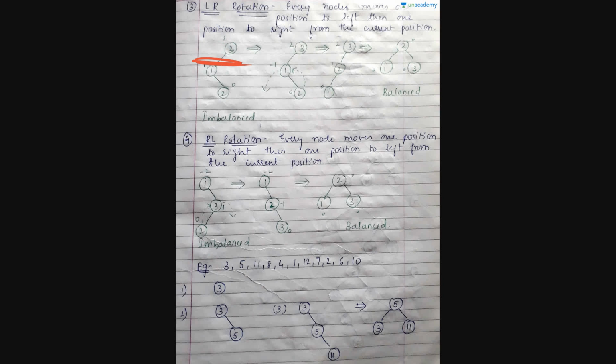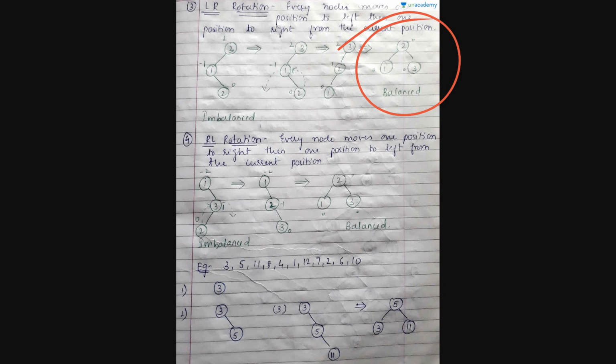So it is imbalanced as it is neither 0 nor -1 or 1. So we have to first rotate it to the left and then to the right. So 2 goes in this position and 1 comes in this position, that is it forms this way, and then we have to do the left rotation, that is this is how it appears.